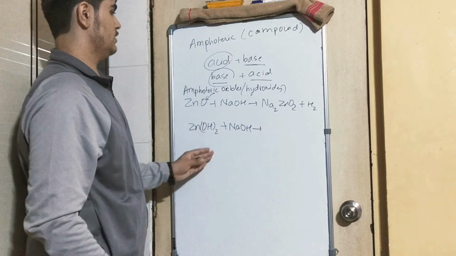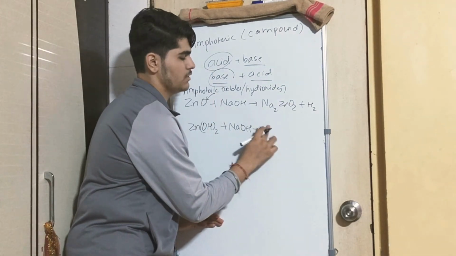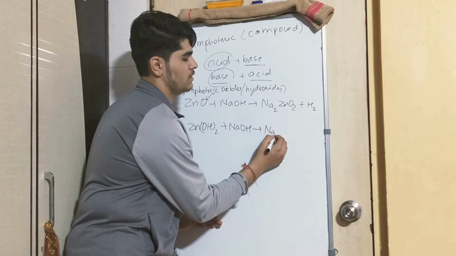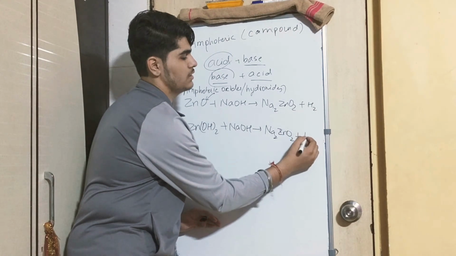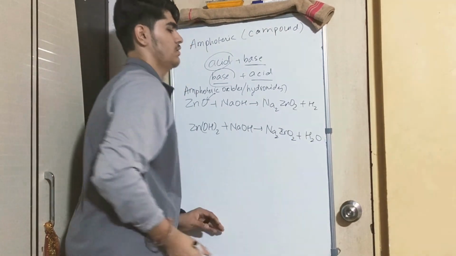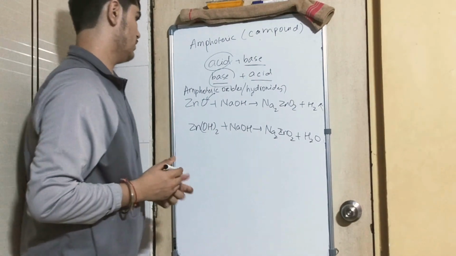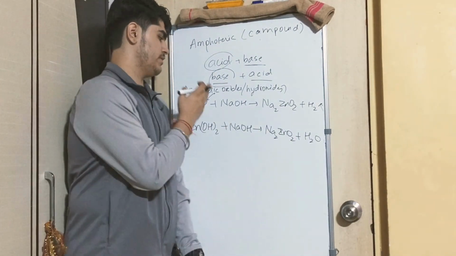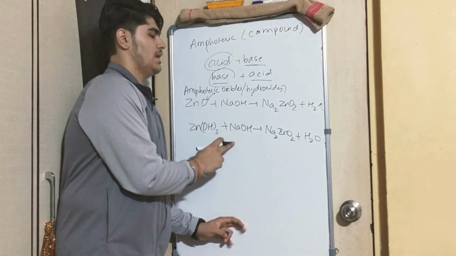Okay, these become the reactants which give the same product plus, but here gives water. Here you get H2 gas, but here you get water. That's the main difference between when you react with oxide and when you react with hydroxide.